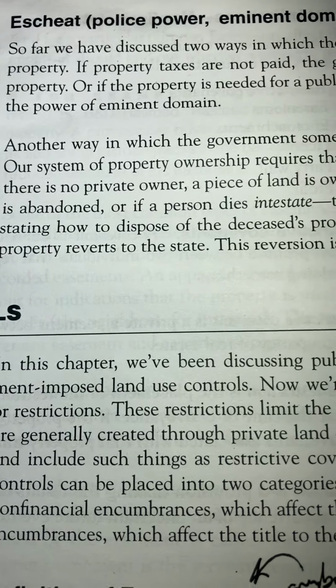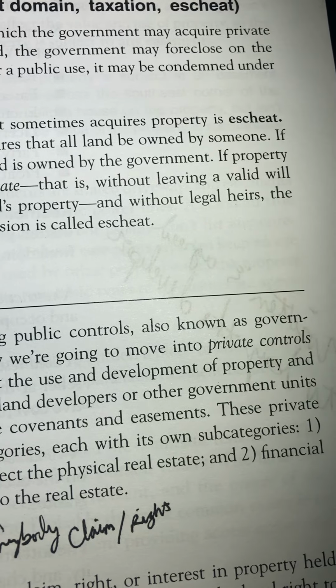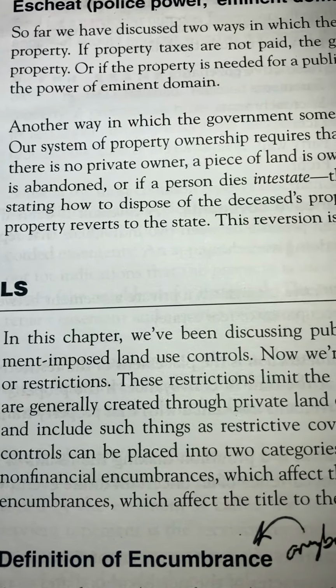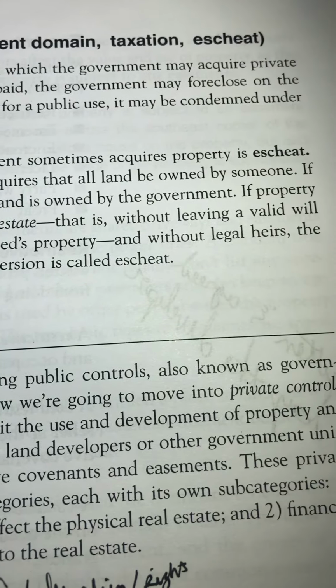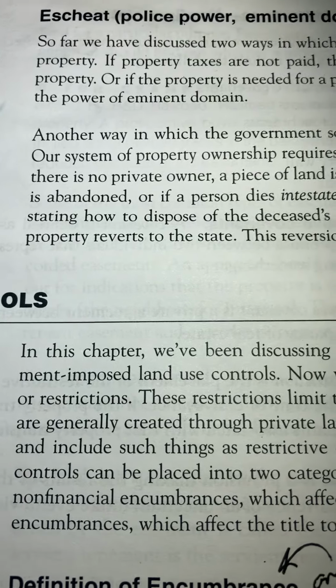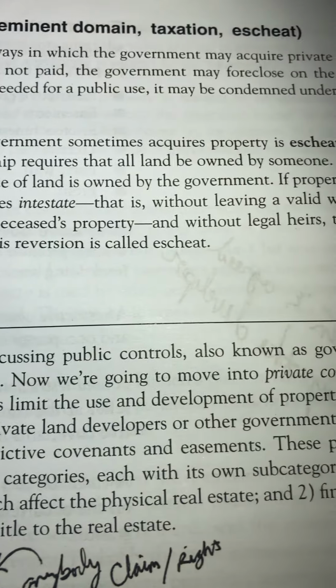Another way in which the government sometimes acquires property is escheat. Our system of property ownership requires that all land be owned by someone. If there is no private owner, a piece of land is owned by the government.